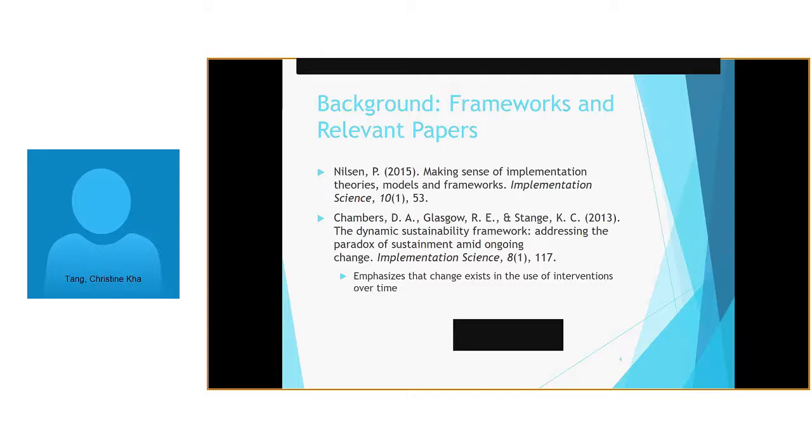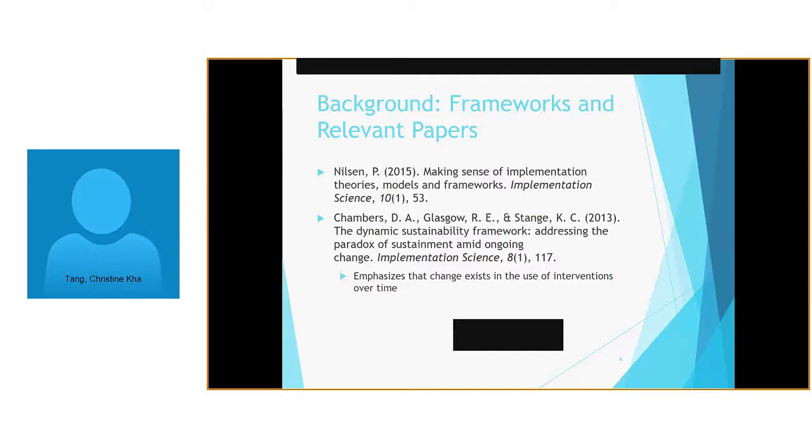So the second framework paper is where I saw that they actually talk about change existing and how interventions change over time. And that made me think of dynamic modeling.